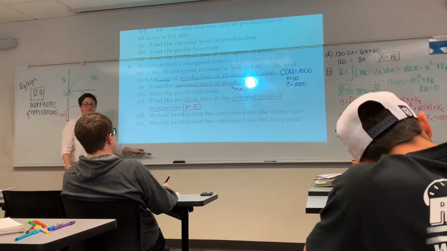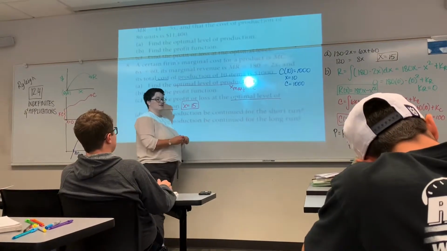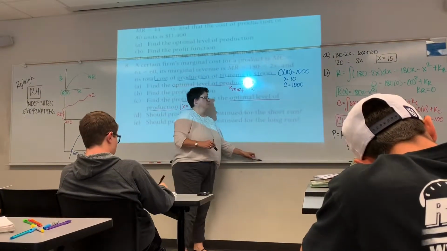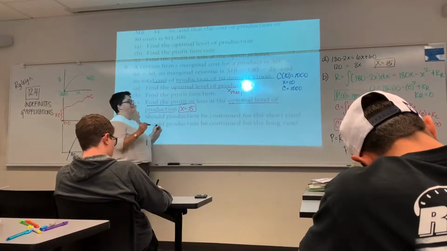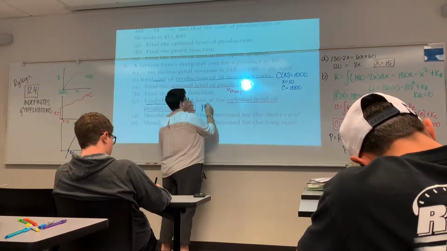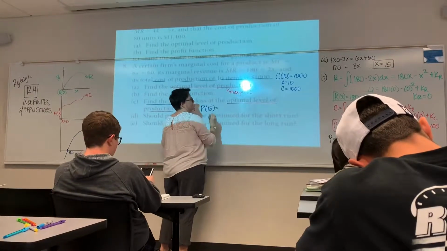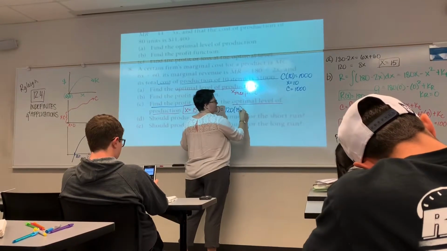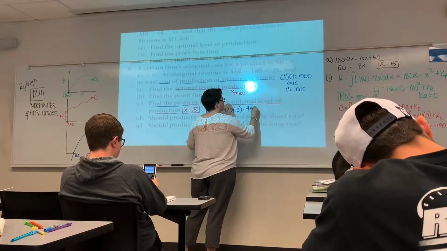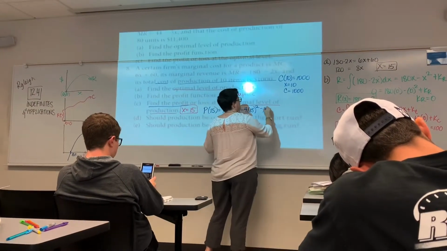Plug it where? Into profit, because I wanted to find a profit, right? So profit at 15 is going to be 120 times 15 minus 4 times 15 squared minus 100.